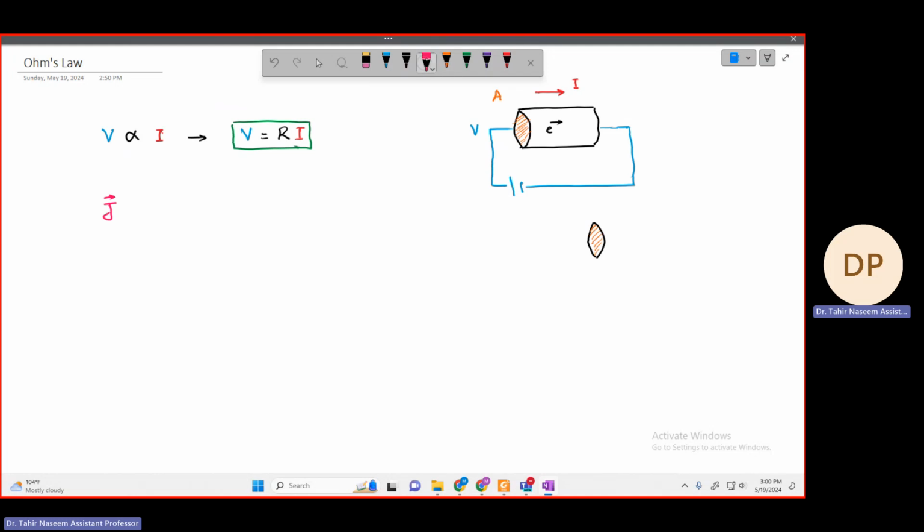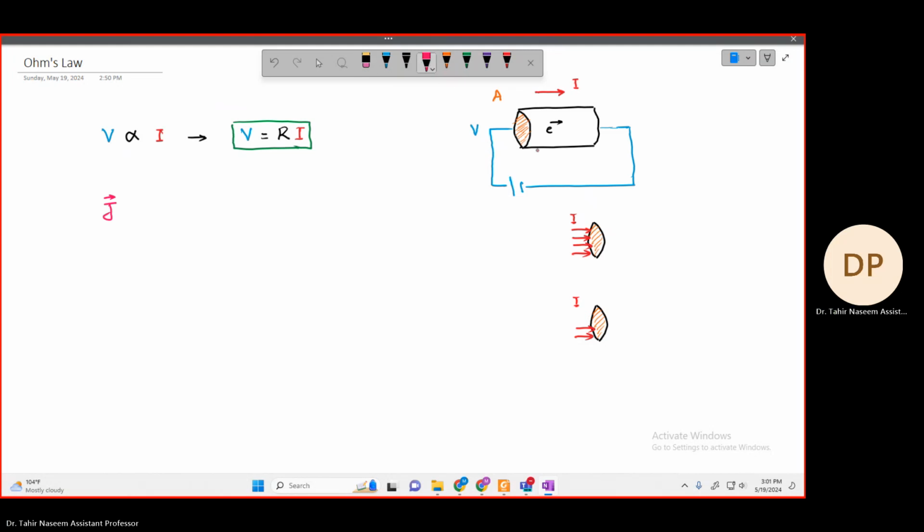So what current density tells us is how much current is flowing through the cross-sectional area of the wire, right? So this is I. And just to give you a comparison, let's suppose I draw the same surface, only this time lesser current is flowing.